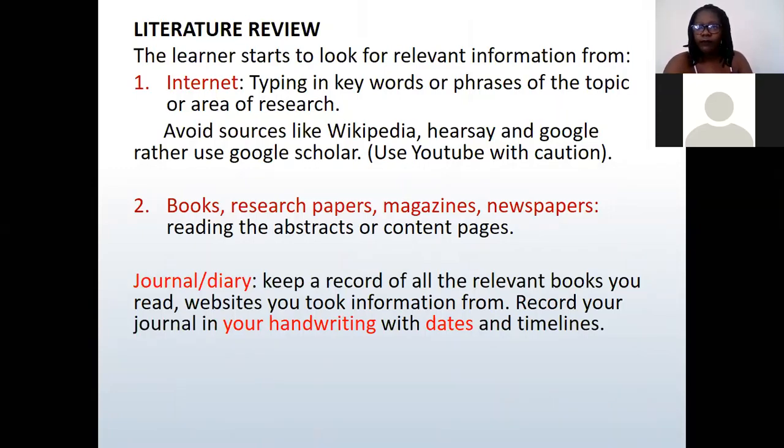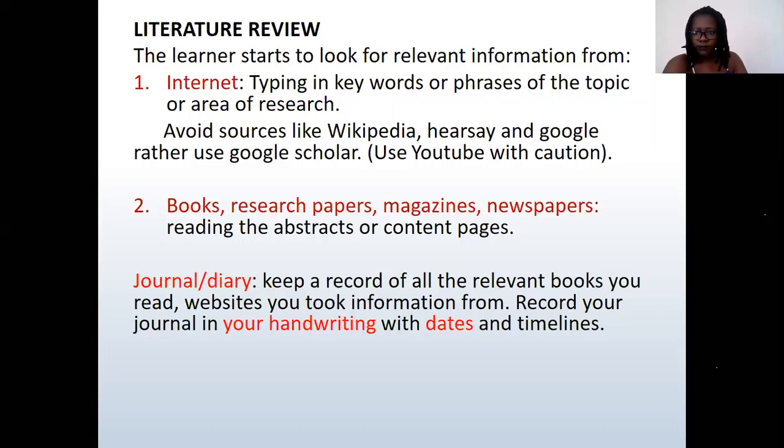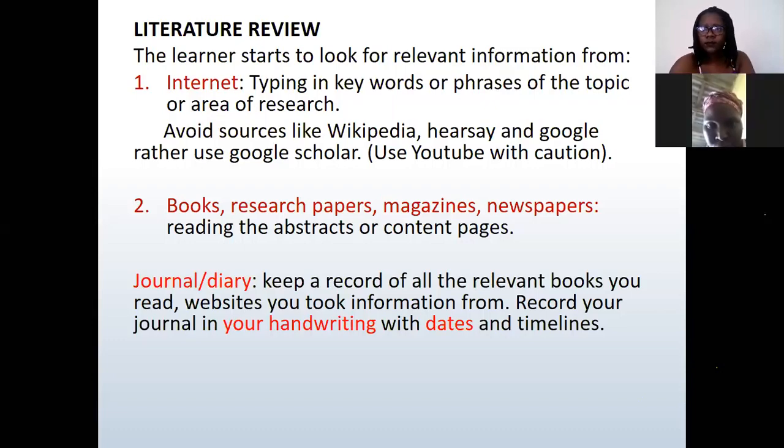Now, from the last session, the learner already has the topic. And now you can go onto the internet and type keywords of the topic or phrases. And then a lot of information is going to come about. And then the learner will choose from all those websites what is appropriate to the research.